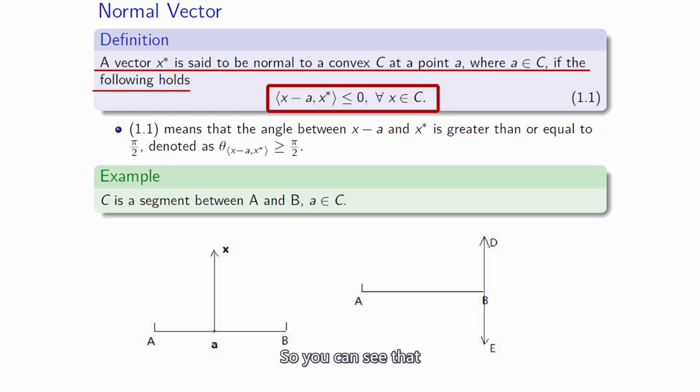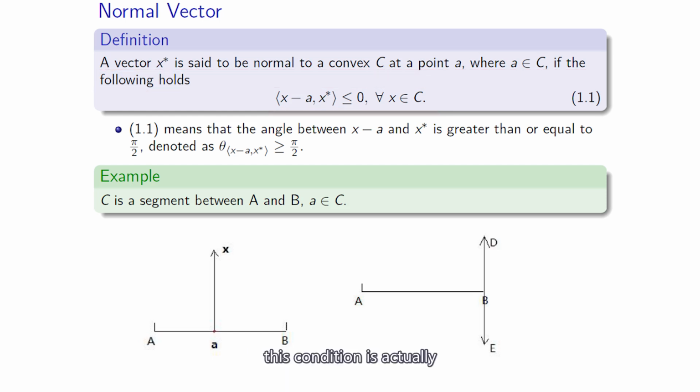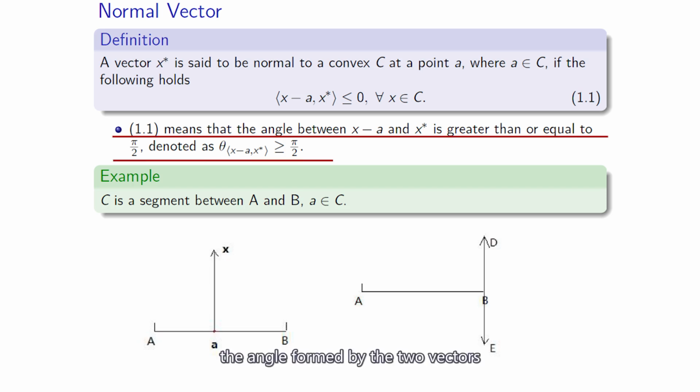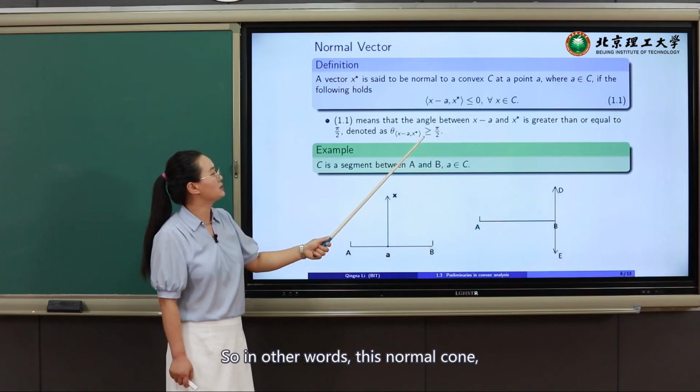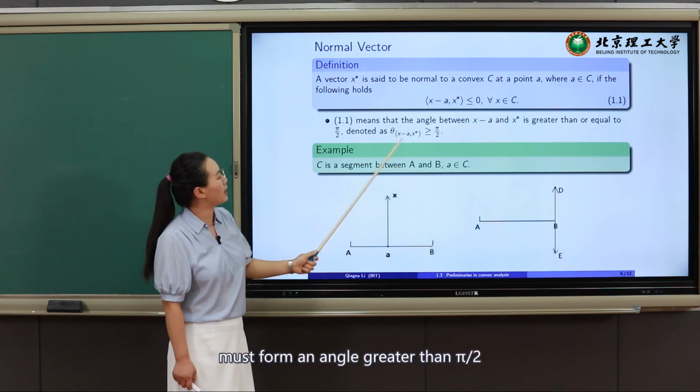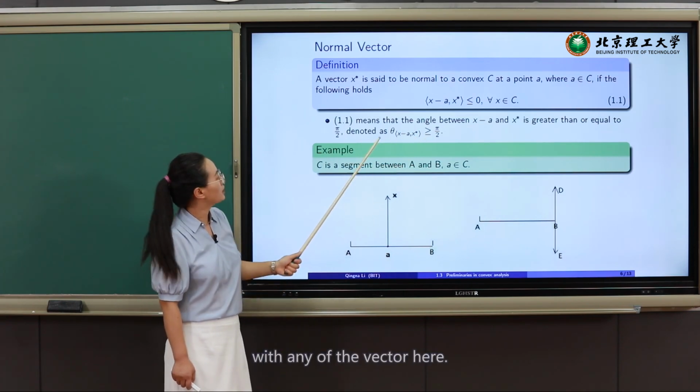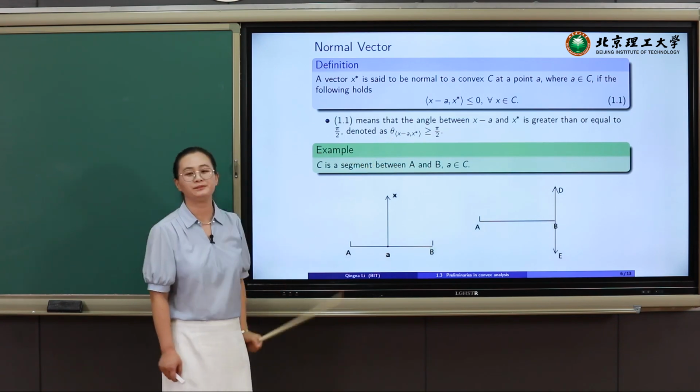You can see that this condition is an inner product of two vectors, and the inner product is smaller than or equal to 0. It is equivalent to saying that the angle formed by the two vectors is greater than or equal to half pi. So in other words, the normal vector must form an angle of at least half pi with any of the vectors here.